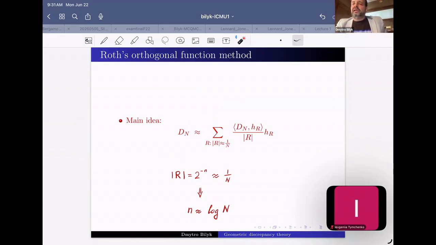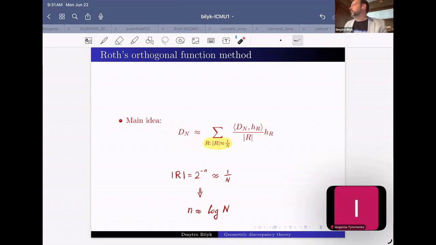The main idea was that if you take the expansion of the discrepancy function, D_N, then the main part of this expansion is concentrated on the rectangles that are roughly of the size 1 over N, 1 over the number of points. Here I'm using this symbol very loosely. It just means that this is the main part, the part that carries the most information.